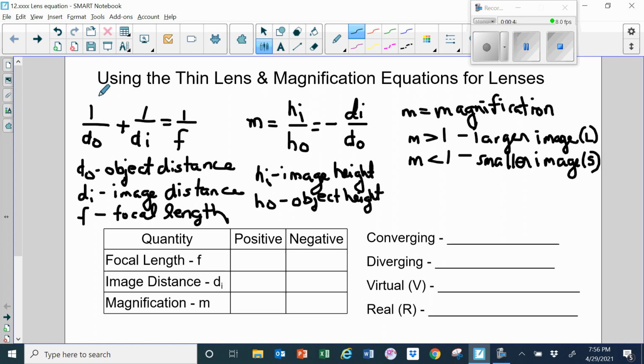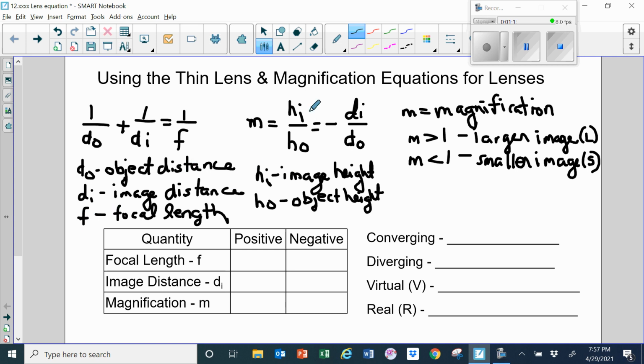So the equation here on the left, 1 over dO plus 1 over di equals 1 over f. That's the thin lens equation. dO is, as we talked about before, the object distance, di is the image distance, and f is the focal length of the lens.